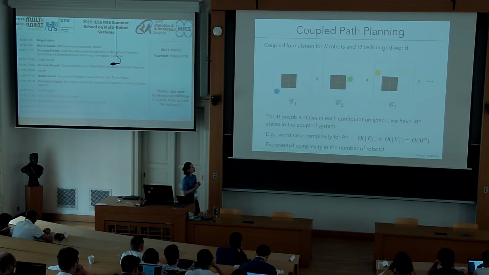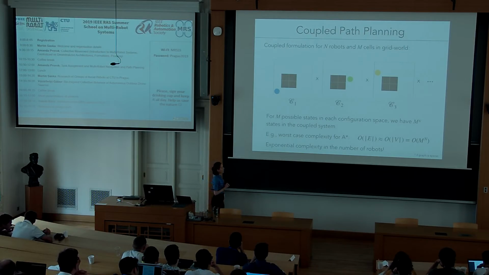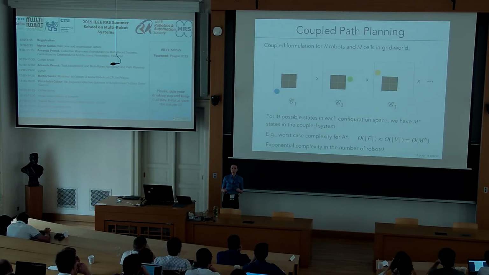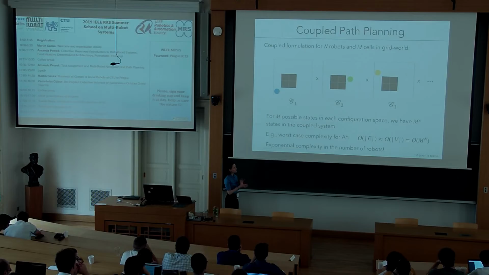Knowing that our configuration space considers m to the power of n states at any point in time, what is the search size of our A star algorithm? So we know that A star has a complexity that is in the order of the number of edges in the search graph. And for a sparse search graph, which we have in this case because we have an underlying grid representation, this is roughly equal to the order of vertices in our search space.